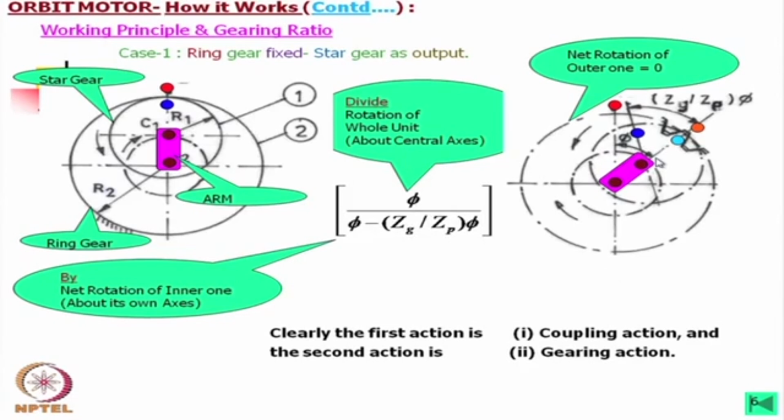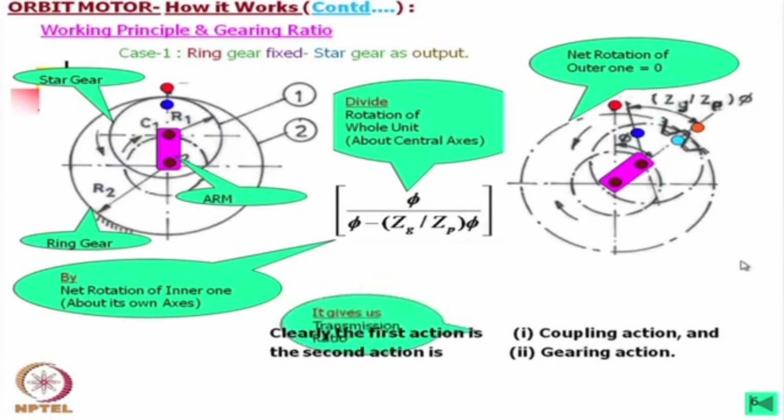This we can consider the input, and this is the net rotation of the inner one about its own axis. First it has rotated in this direction by this angle, and next it rotates by this angle in the opposite direction. The difference of that is the net rotation of this one. So this is definitely giving the speed ratio.